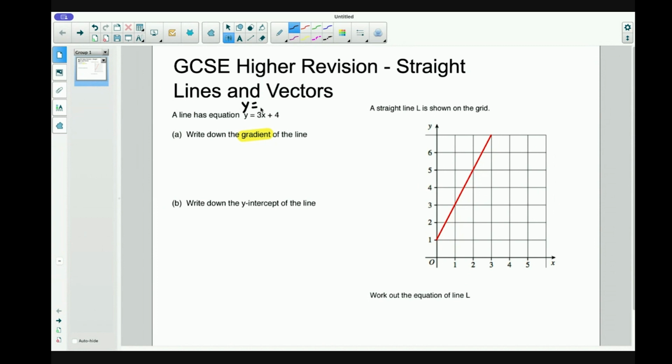It's y is equal to mx plus b, okay? So y is equal to mx plus b. In this case, our m is going to represent our gradient, and it's going to be 3. So m is equal to 3, or your gradient. So our gradient is equal to m, which is just 3.